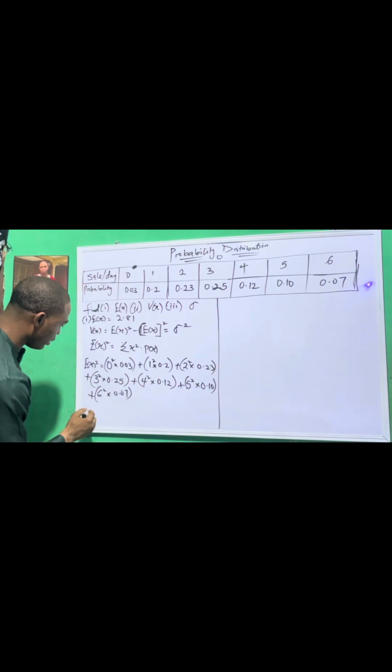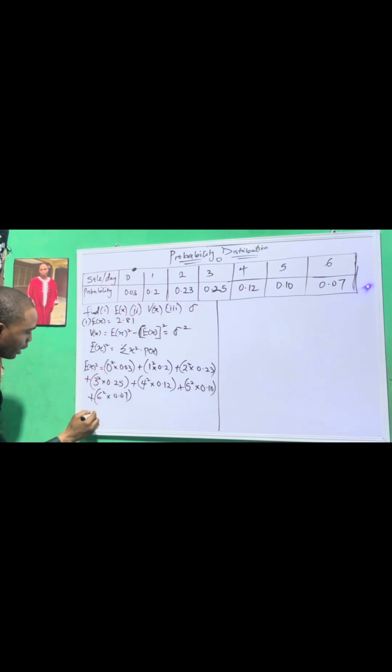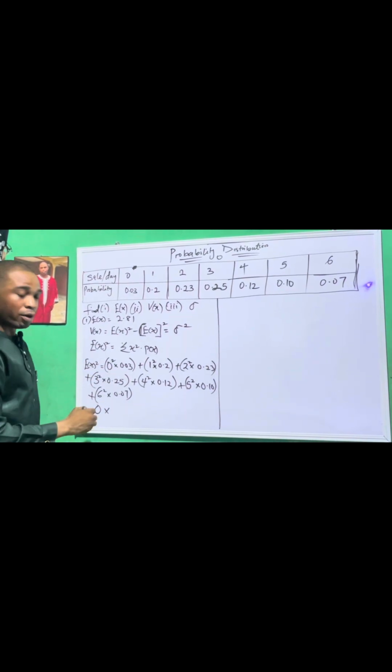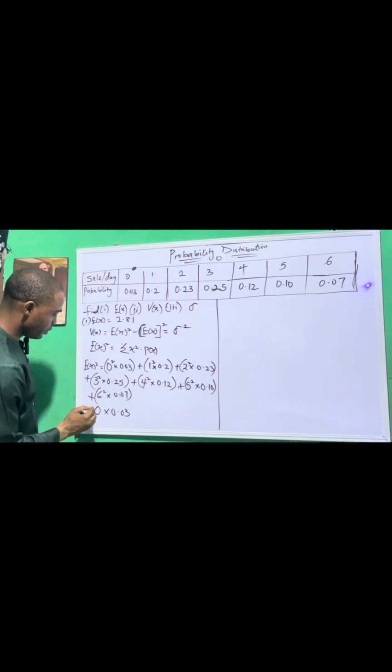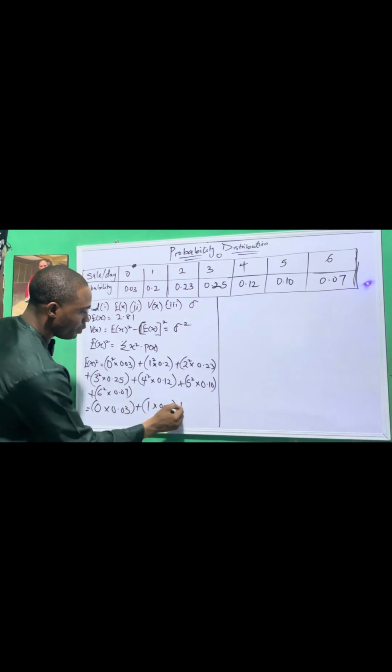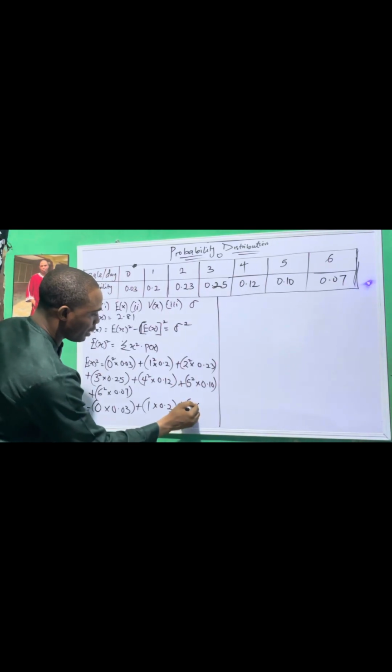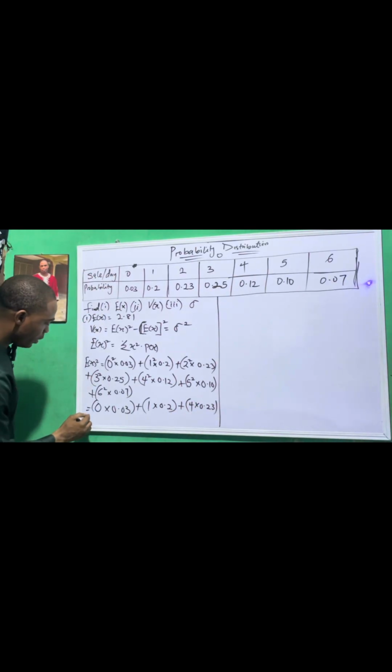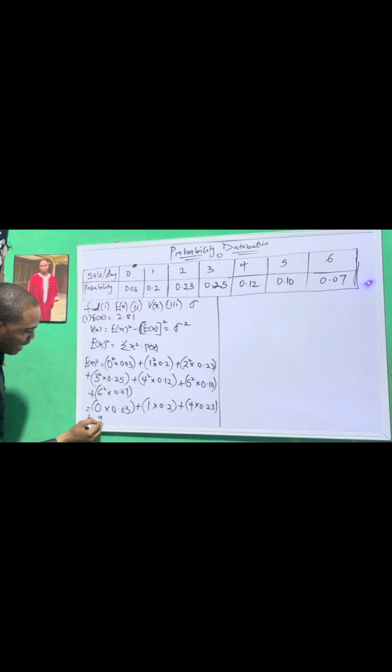Then the application of this to further, in order to solve this further, this 0 square is going to give you 0. It's going to give you 0 multiplied by 0.03. This one square is still going to give you 1, 0.2. Plus the 2 square here is going to give you 4 times 0.23. Then plus the 3 square here is going to give you 9 times 0.25.